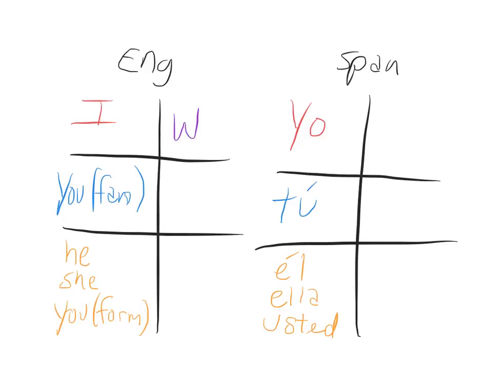Next, we have the we box, which in Spanish is nosotros, or in fact, nosotras, which is just the feminine. And then this box isn't really used everywhere, but it is used in parts of Spain.